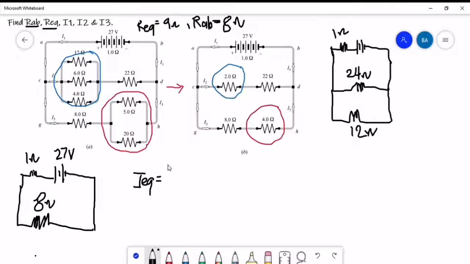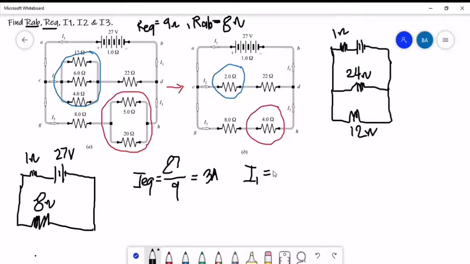So this is 27 divided by the total REQ, which is 9. So we have 3 amperes. Okay, so how are we going to find our I sub 1?